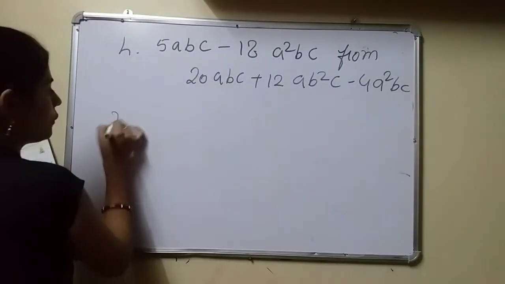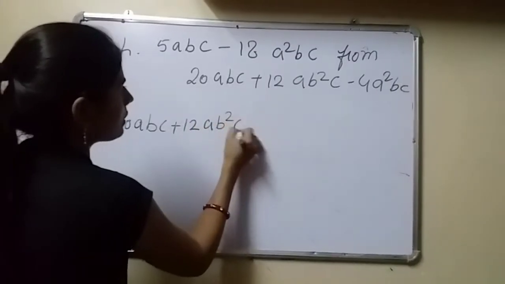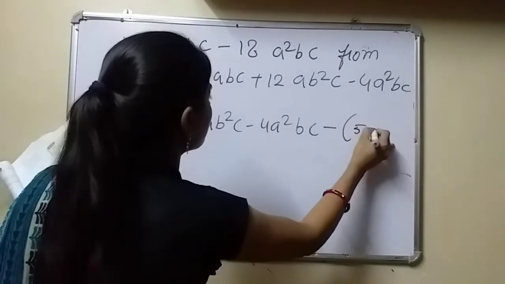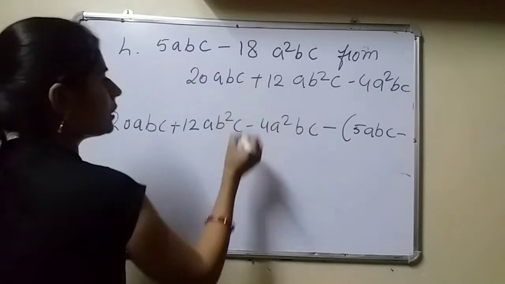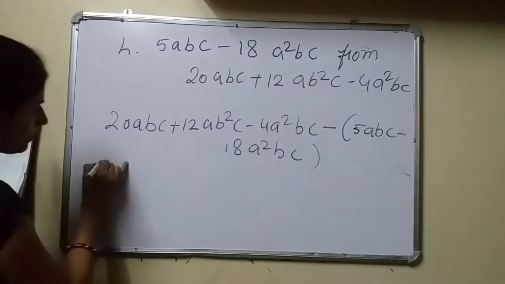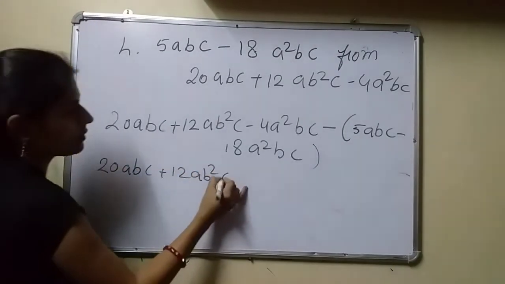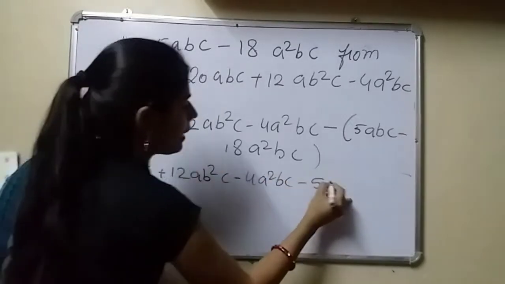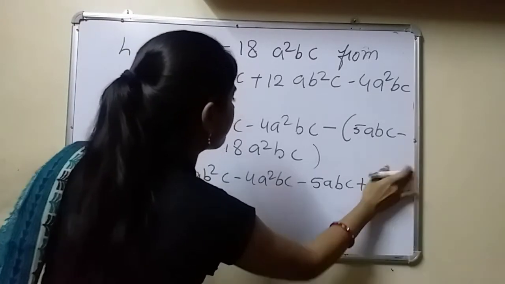Now see, first of all write 20abc plus 12ab square c minus 4a square bc minus (5abc minus 18a square bc). Okay, so first of all open the brackets. 20abc plus 12ab square c minus 4a square bc minus 5abc plus 18a square bc.